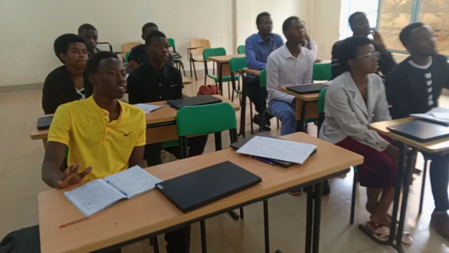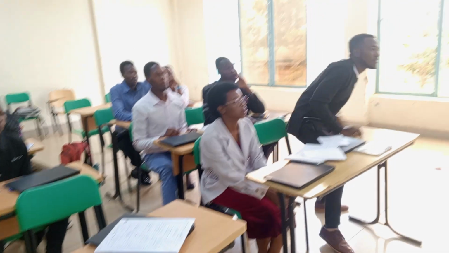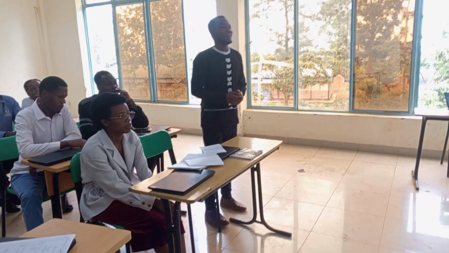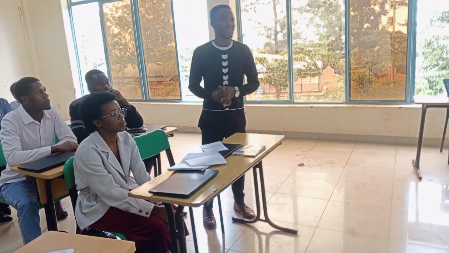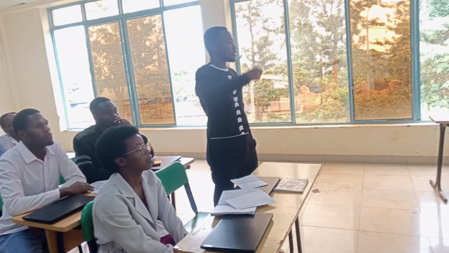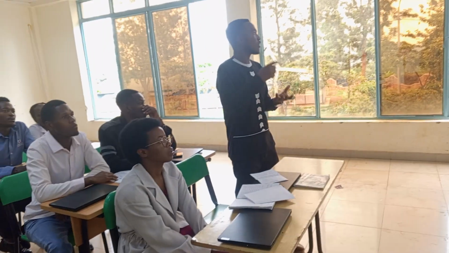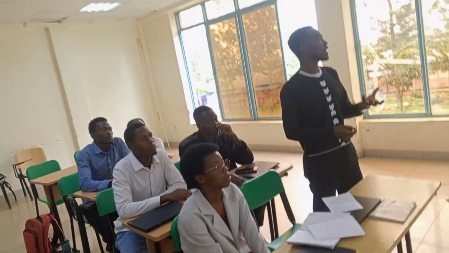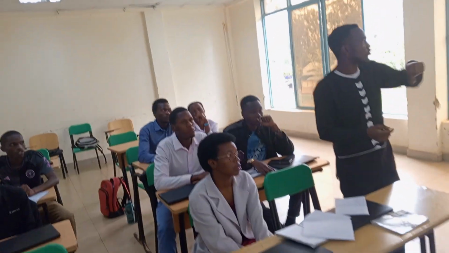Gilbert, can you answer? Water exerts upthrust on the object. But remember, the process of floating occurs when the density of water is greater than the density of the object.